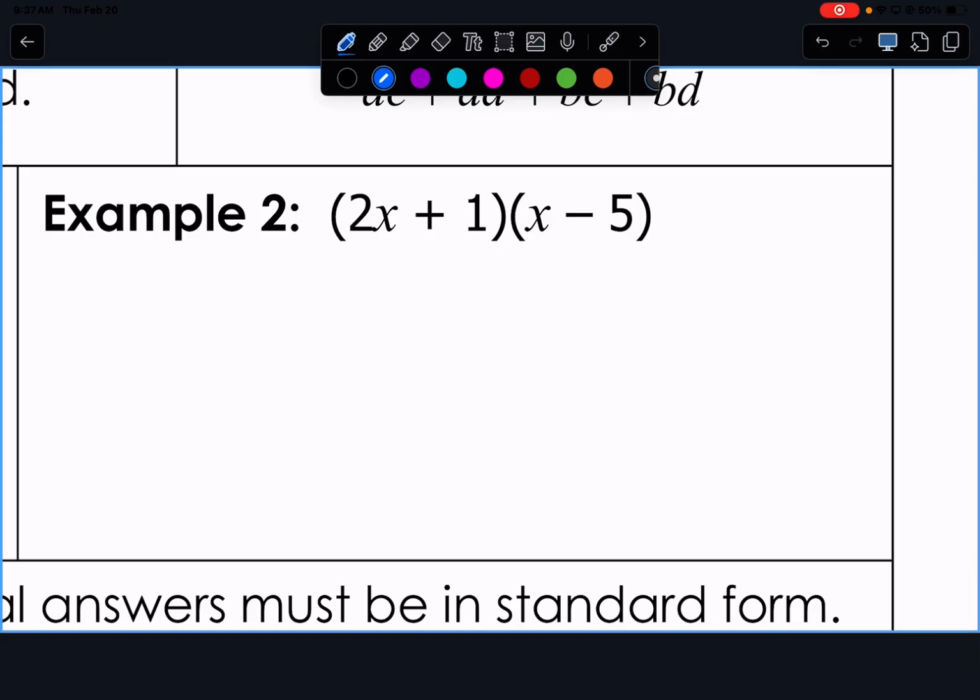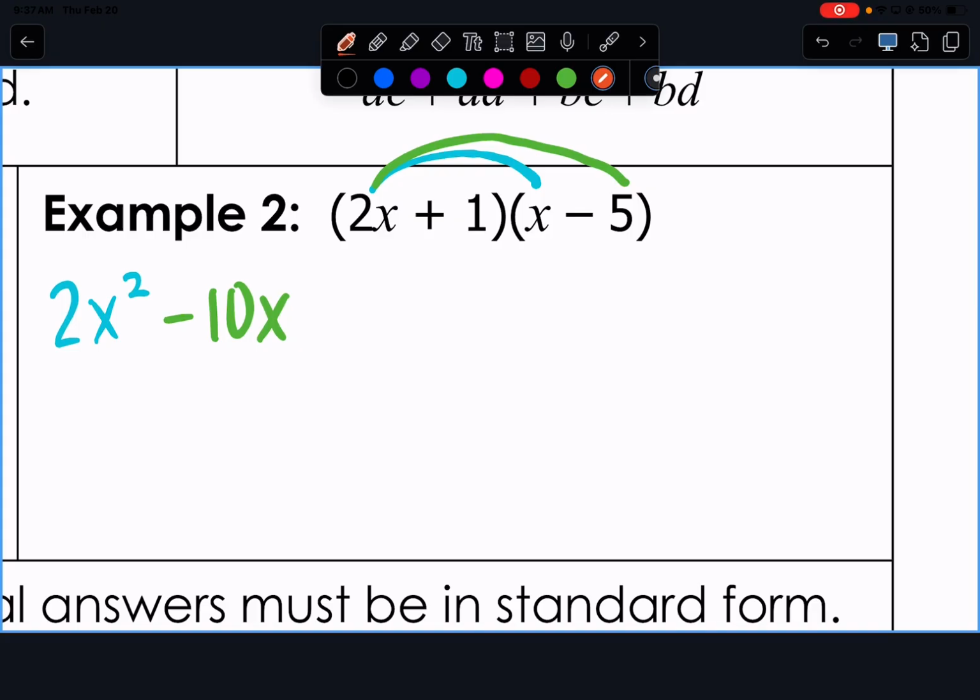So for this one, we're going to do 2x times x to get what? Then we're going to go 2x times negative 5 to get negative 10. Yep, not just negative 10, but negative 10x, because that's 2x times negative 5.